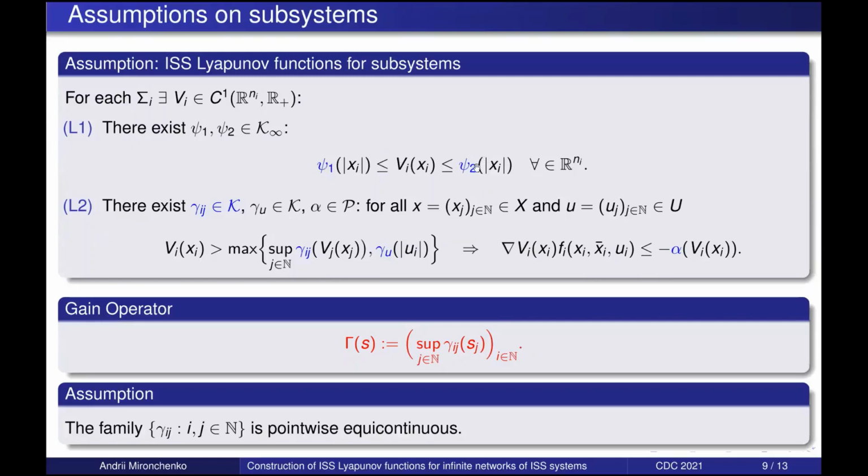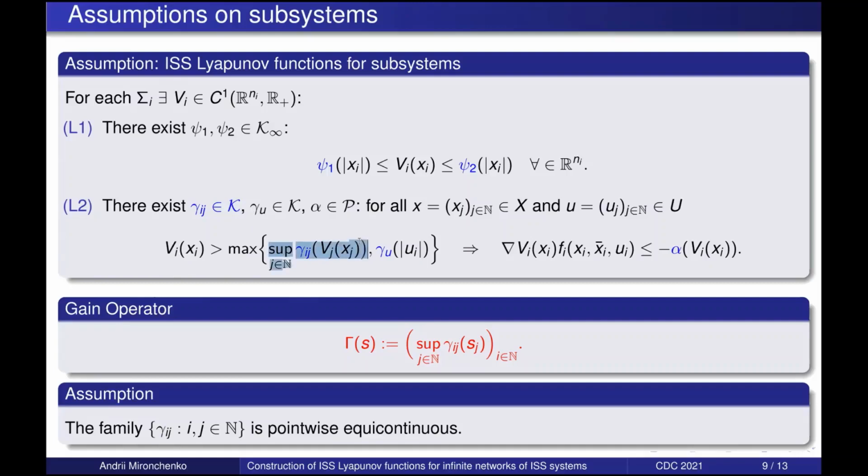I assume that they are uniform in i, these functions, psi1, psi2. And again, we assume that the Lyapunov function Vi satisfies this inequality. So this means that if xi is large enough with respect to the total input to the ith subsystem, then the corresponding Lyapunov function decays along the trajectory.